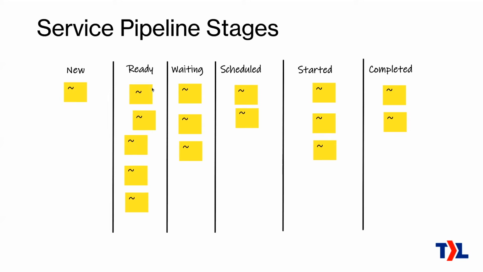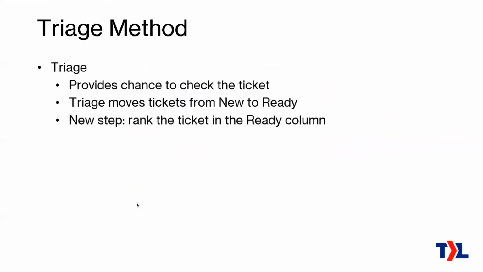The ordering is important. Okay, this is the most important ticket to do next. After this one's done, then that one. After that one's done, then that one. So the ordering, especially in this column, is very important. That would be the additional Kanban step in your triage method: rank the ticket in the ready column.